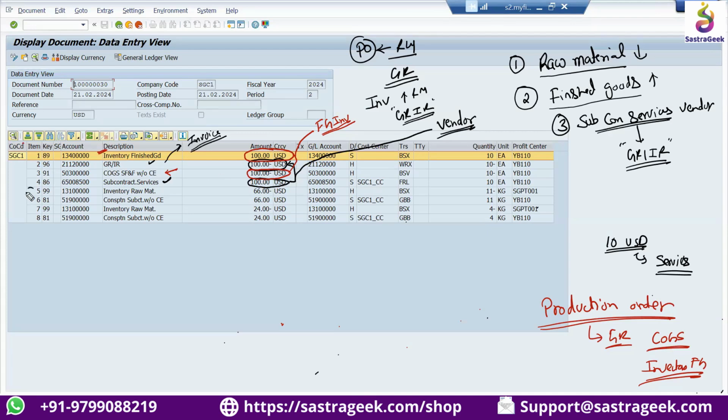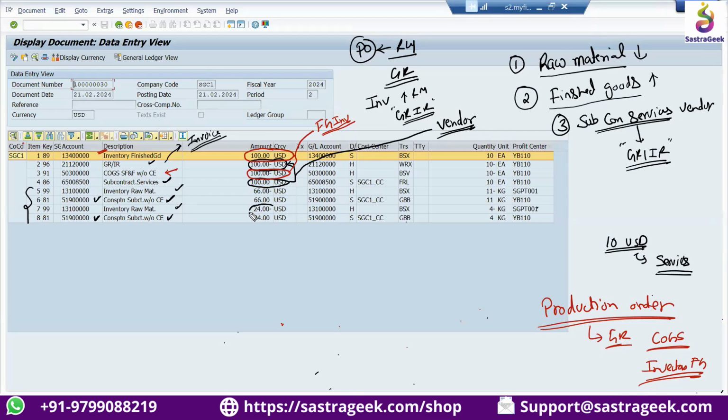Then these four accounts which are getting hit here are for your raw material consumption. We have a specific account, a raw material consumption account for the subcontracting. This specific GL has been created. So this account is getting hit, and the inventory account for the raw material, which is reducing, is also getting hit.